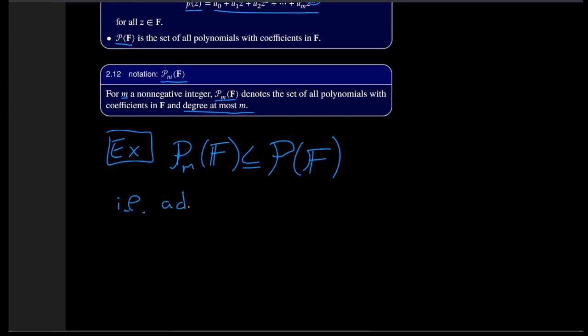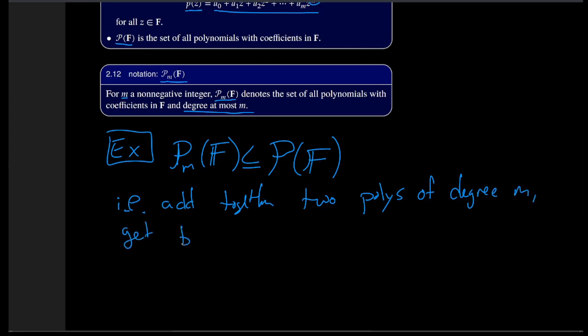That is, add together two polys of degree at most m, and you get back a poly of degree at most m.